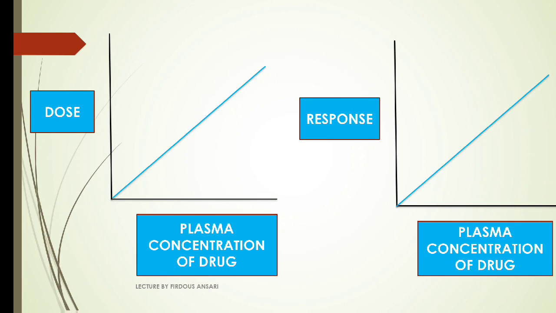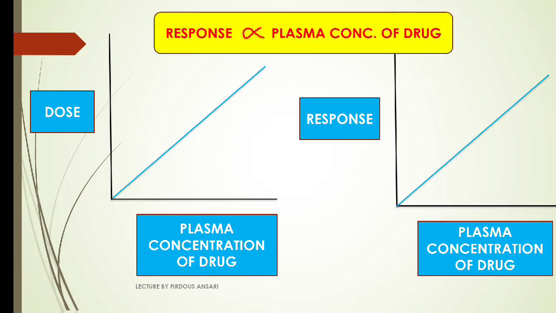It is a prerequisite of TDM that when you increase the plasma concentration of the drug, the response should also increase. Any drug which follows this, we can apply TDM on. So response should always be directly proportional to the plasma concentration of the drug. This is a prerequisite of TDM.